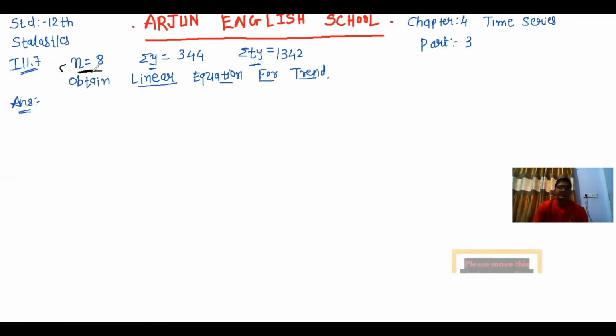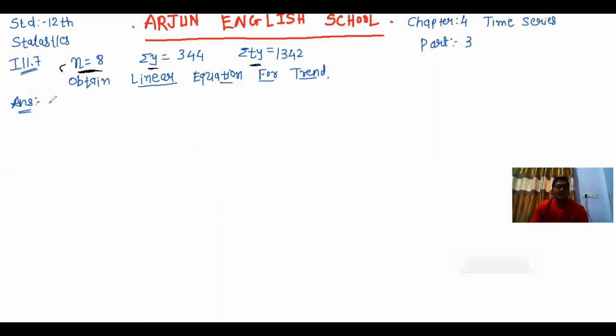Here you can see directly the total sigma y, total of sigma ty is given, n is given, but the t and y columns are not given. So in this case you have to obtain the linear equation for trend. This sum has already been asked in the board examination, so you have to be ready for these types of sums also.